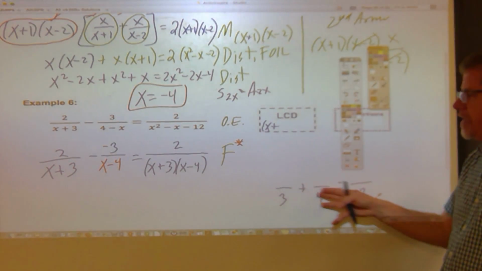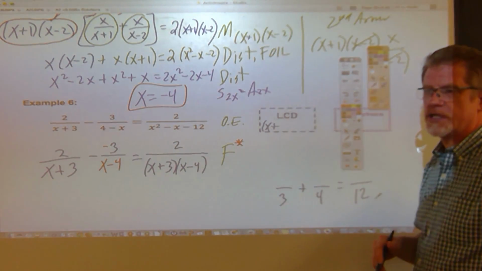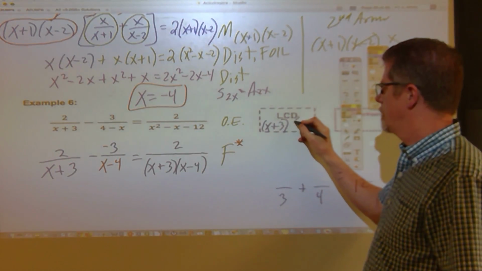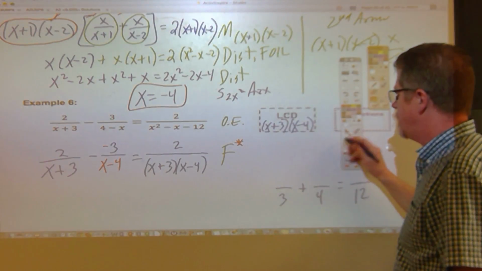So that's with numbers. Now we have letters that represent numbers. What do you think the lowest common denominator is going to be here? X plus 3 times x minus 4. Yep, that'll do it. That's the lowest common denominator.